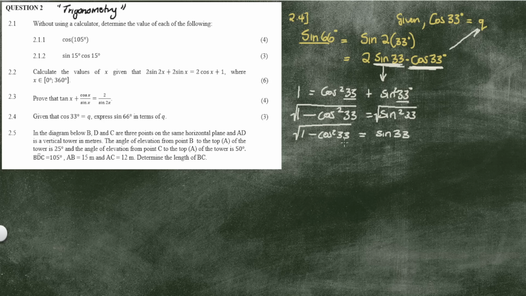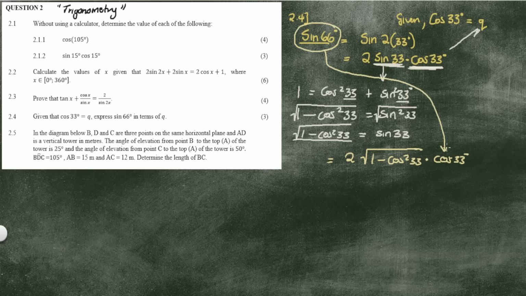So where is sine 33? I'm going to put this down. This is going to be equal to 2 square root of 1 minus cos squared 33 multiplied by cos 33. So this is the end goal. The end goal was to rewrite this in terms of cos 33 only, so that you replace the cos 33 by q.